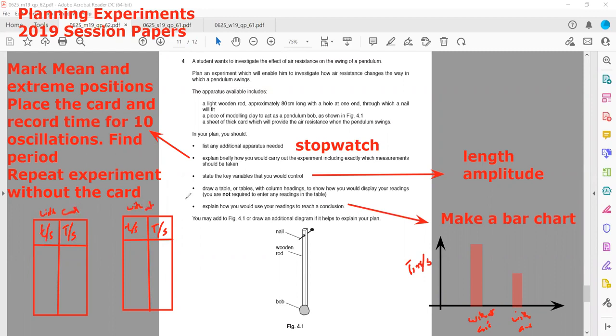Basically, with card means with air resistance, without card means we assume there is no air resistance. So this is how we plan this experiment to find the time period, and how the air resistance can affect the swing of a pendulum.